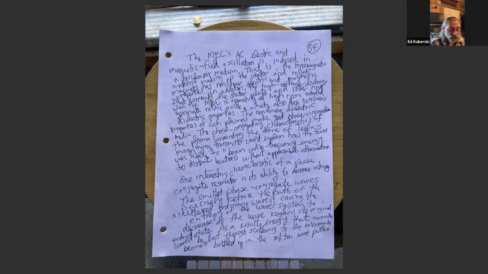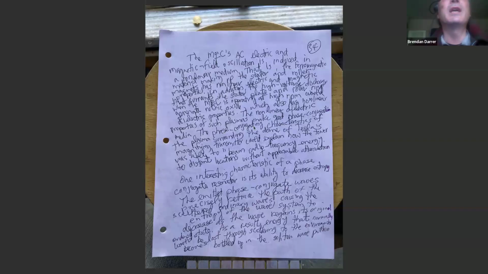that we talked about that Tesla was doing with his tower at Wardenclyffe, which also has nonlinear dielectric properties. Yep. The nonlinear dielectric properties of such plasmas make good phase conjugation media.